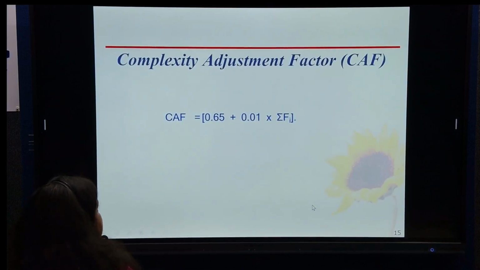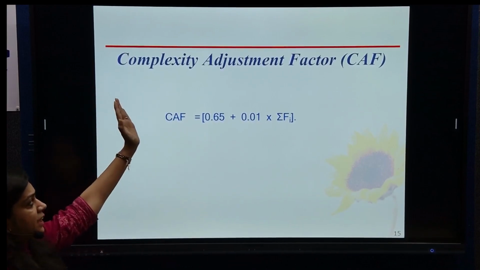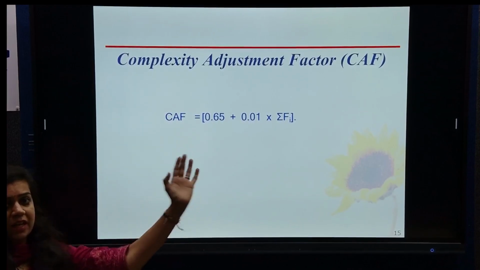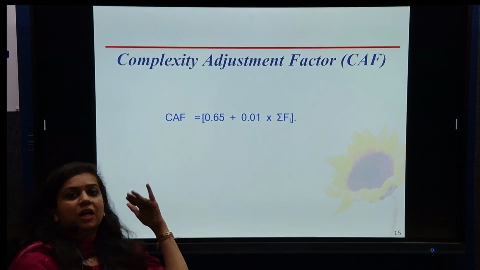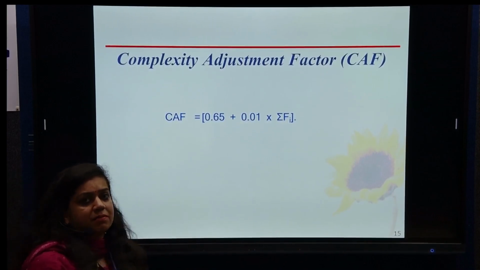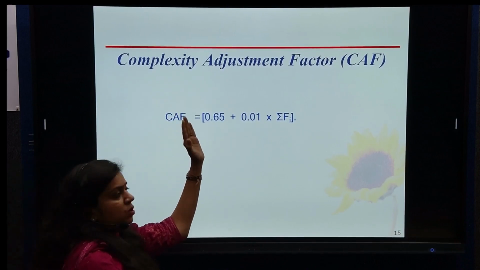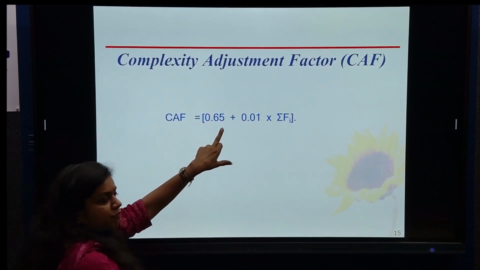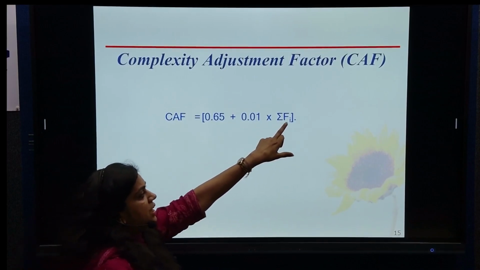Now, let us understand what is CAF. CAF is complexity adjustment factor. It basically adjusts the UFP according to the general system characteristics. Its formula is CAF equal to 0.65 plus 0.01 into summation Fi.